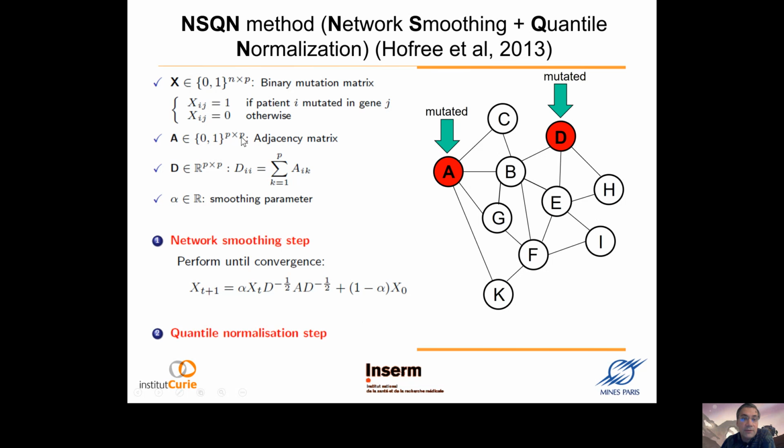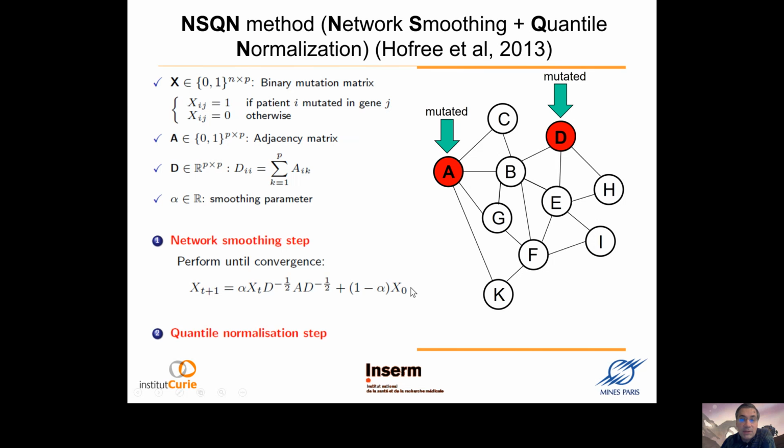In this matrix, you have 0s and 1s at the intersection of columns and rows, and if you have 1, it means that two genes are connected by an edge. Then you have D, which is a simple derivative of this matrix, and you have an alpha smoothing parameter.